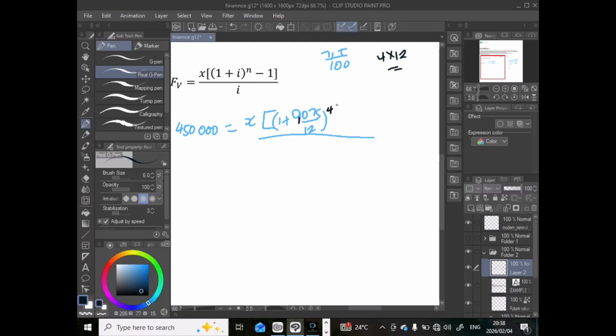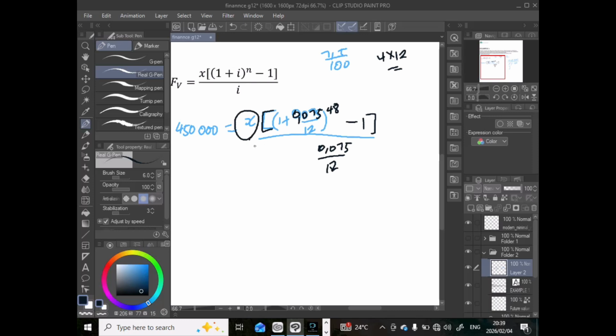Which means we will be investing that amount of money for 48 months, so that we will get this 450,000 rands. So divide by 0.075 divided by 12. So now we are solving for this.